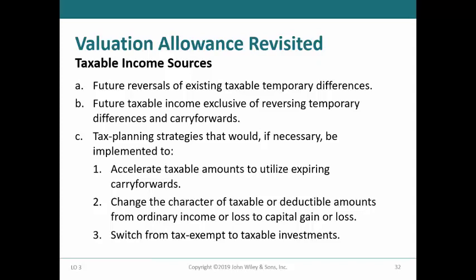Some tax planning strategies that might help to generate additional taxable income would be to accelerate taxable amounts, change the character of taxable or deductible amounts from ordinary income or loss to capital gain or loss, or switch from tax exempt to taxable investments.